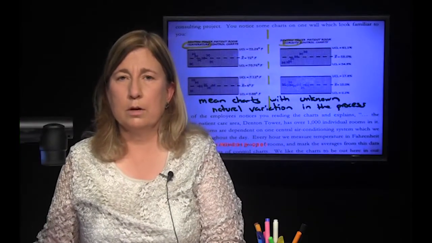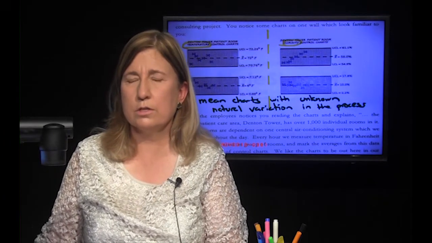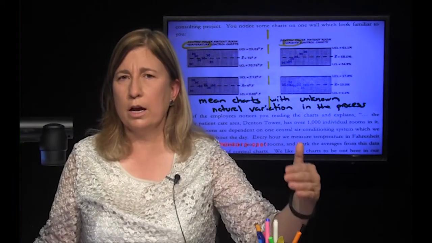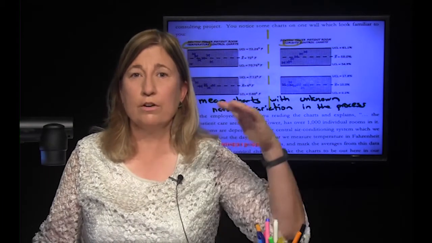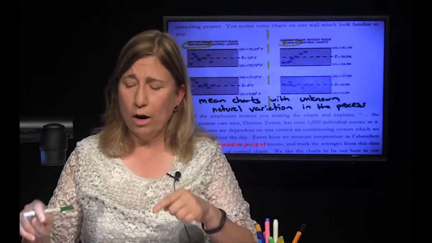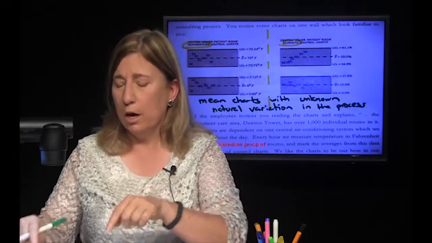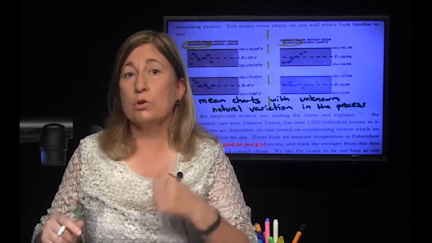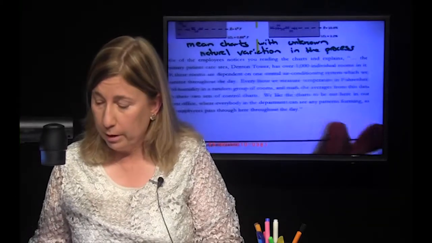They're monitoring temperature and humidity, and they have two sets of charts. Starting out, they must not have known what the natural variation is in those two things. That's why they selected these particular types of charts, because that's what these pairs of charts are most appropriate for. So we learned a little bit about them.